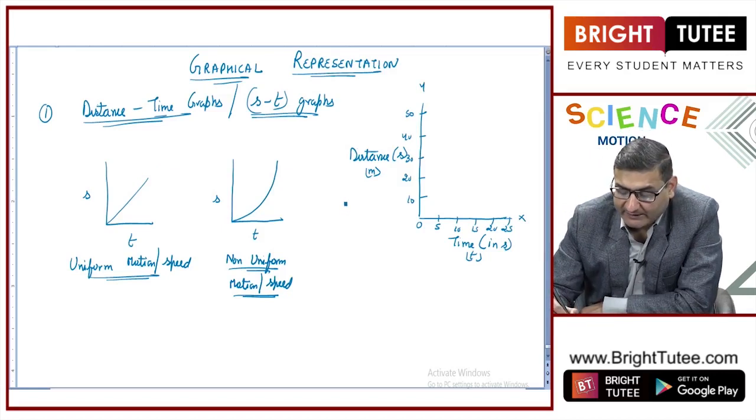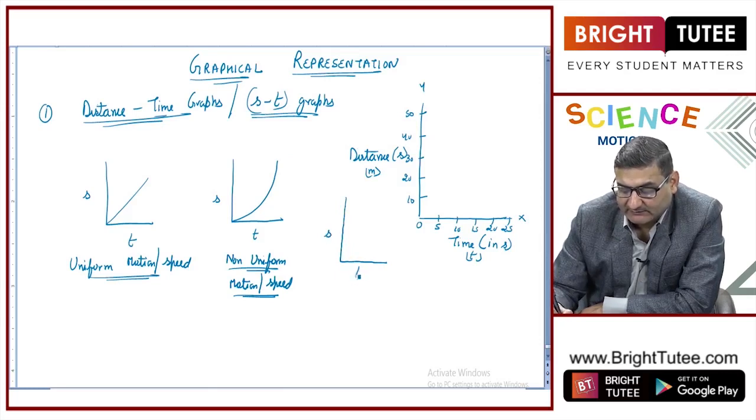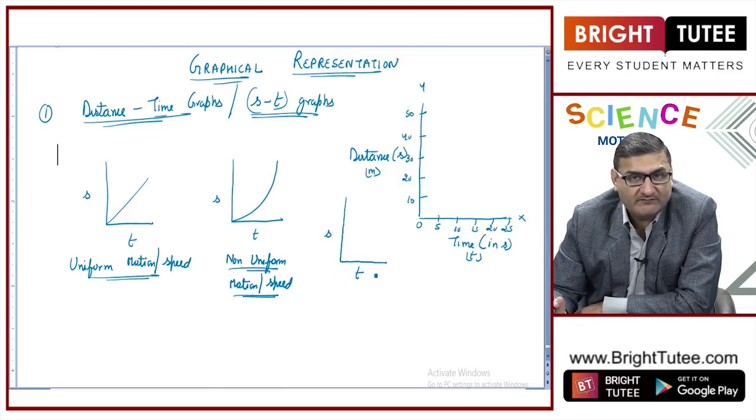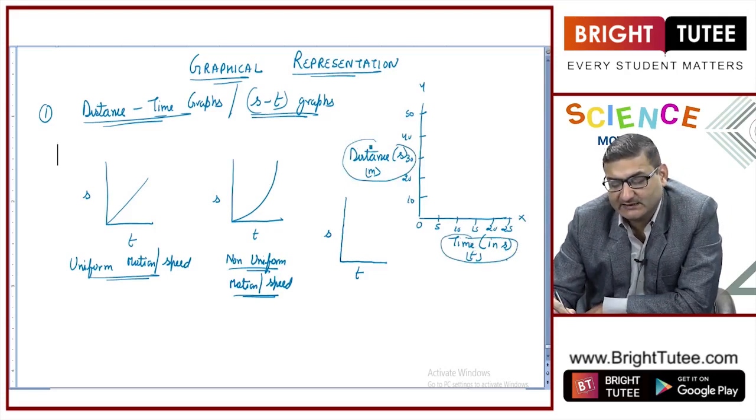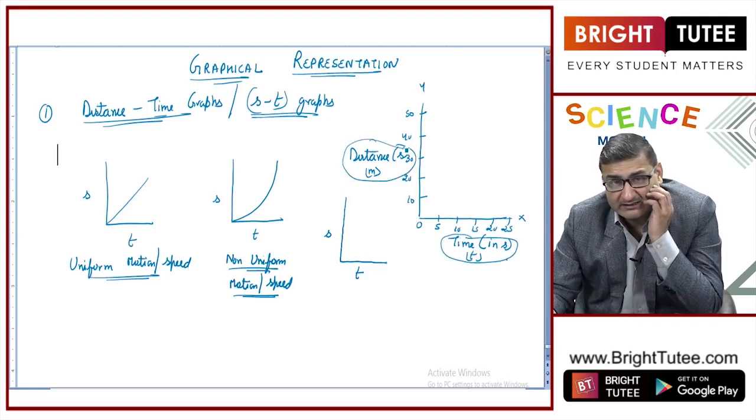Now, very importantly, if I get a graph like this, right, ST graph it is. First of all, students, whenever we observe a graph, we always need to see what exactly is the displayed information looking at the x-axis and the y-axis as to what graph it is.